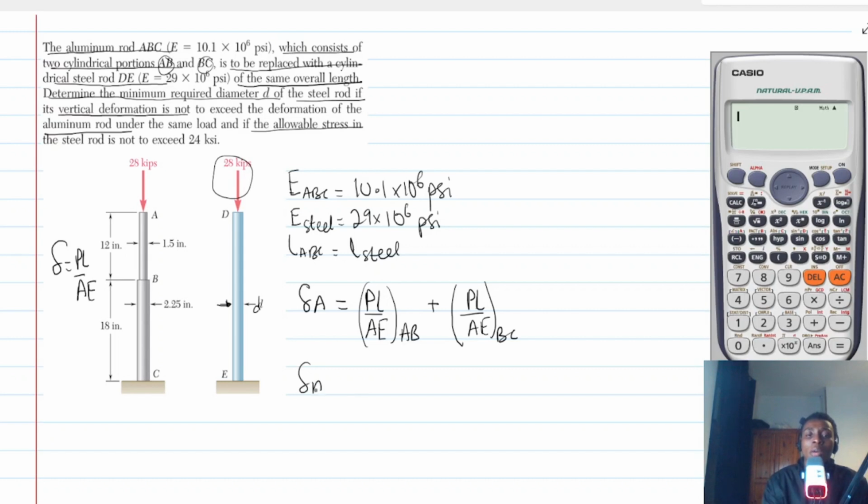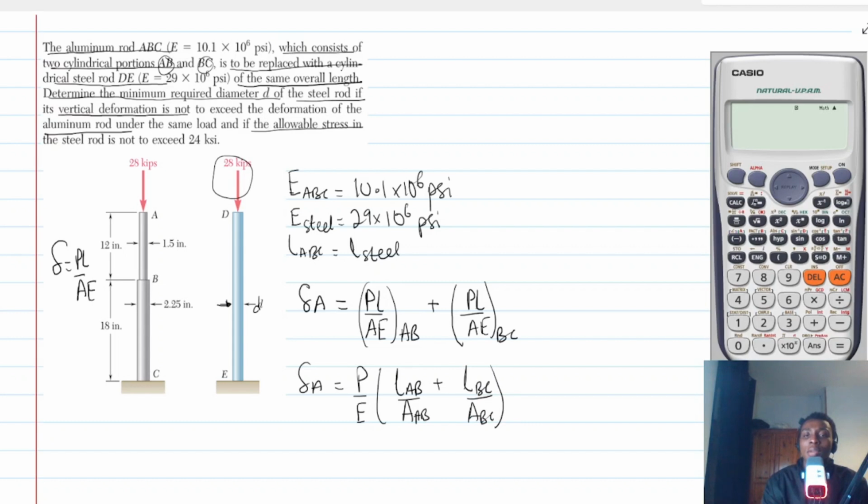Therefore the P and the E will come out. So we have the length of AB divided by the area of AB plus the length of BC divided by the area of BC.